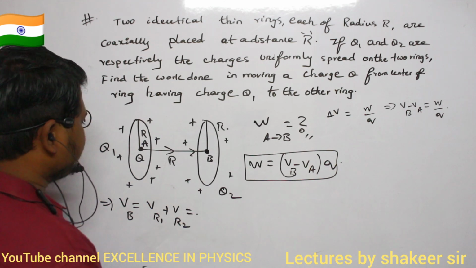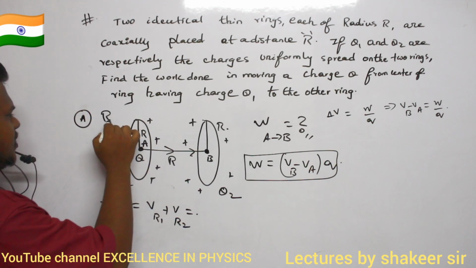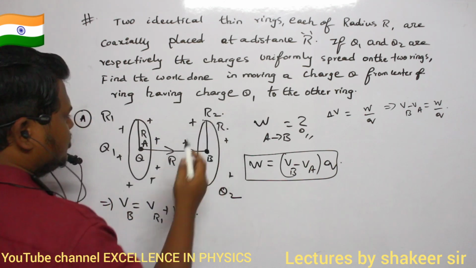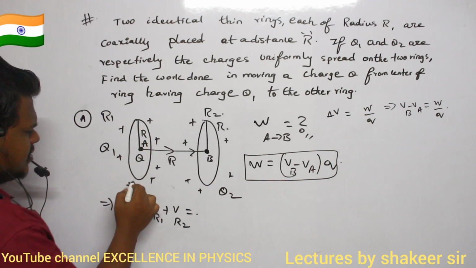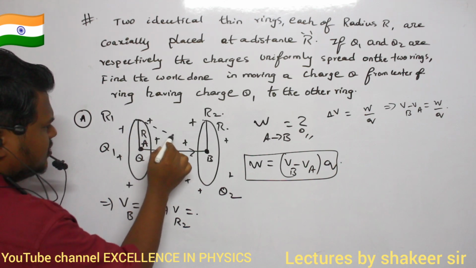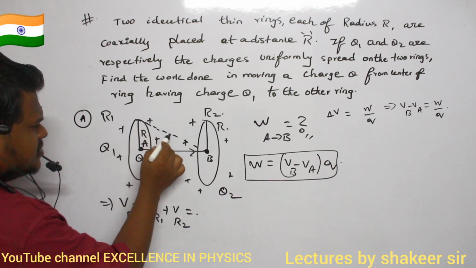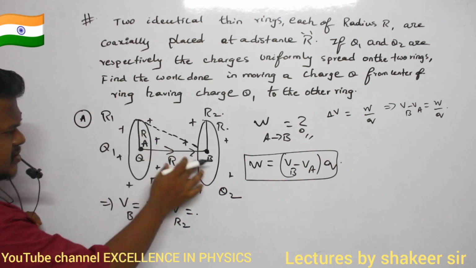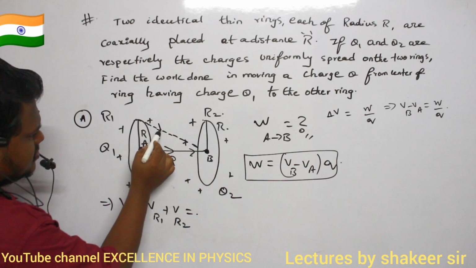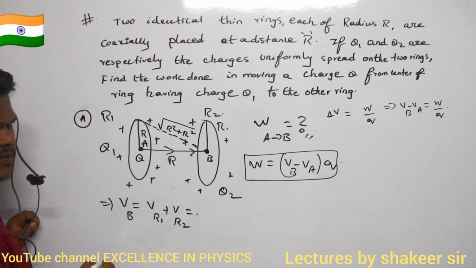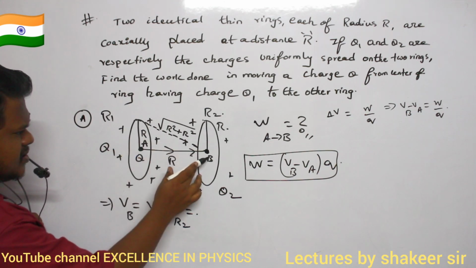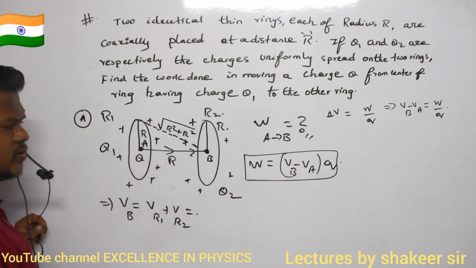So potential due to ring 1 means what? This is ring 1, and this is ring 2. The total charge of ring 1 is distributed at points symmetrical to this point. So what is this distance? This distance is square root of r square plus r square, which is root 2 into r.